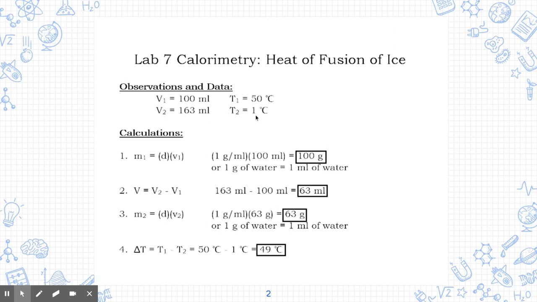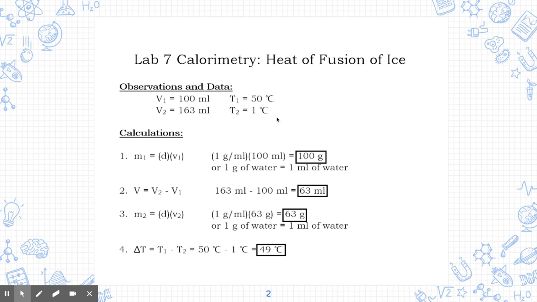Temperature 2, when I ran the lab, I was able to get my temperature down to 1 degree Celsius. So it's really important that when you're reading your thermometer, you read it at eye level as much as possible, and that you're not reading it at an angle.